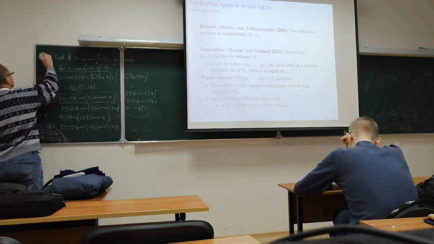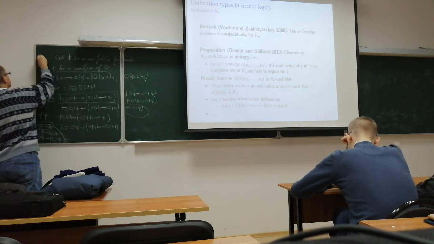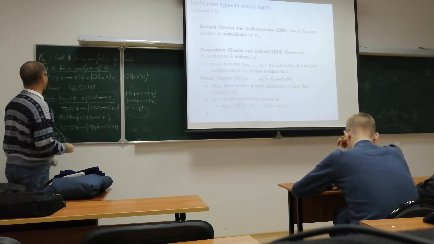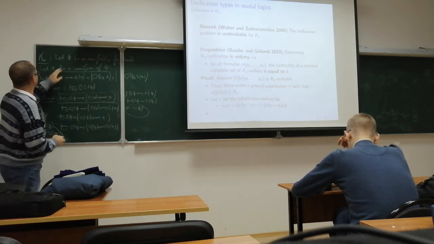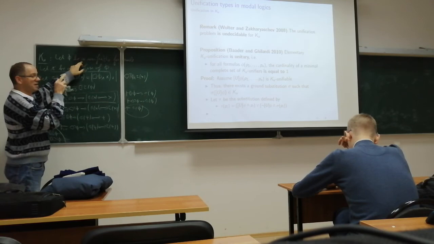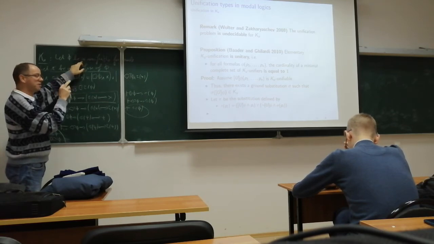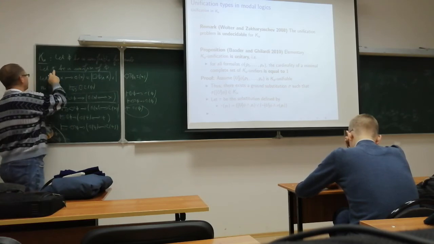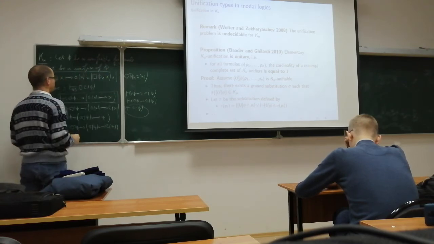So the proof again here is boring. Let us show it here. In fact, it is exactly the same. Suppose that phi is a unifiable formula in this language, with the box, the diamond, the universal box and the universal diamond. And let tau be a unifier of that formula.